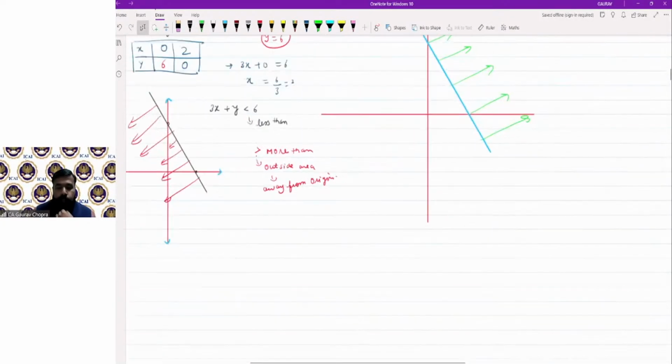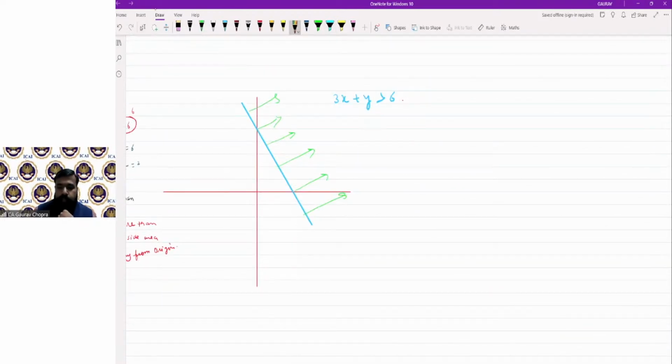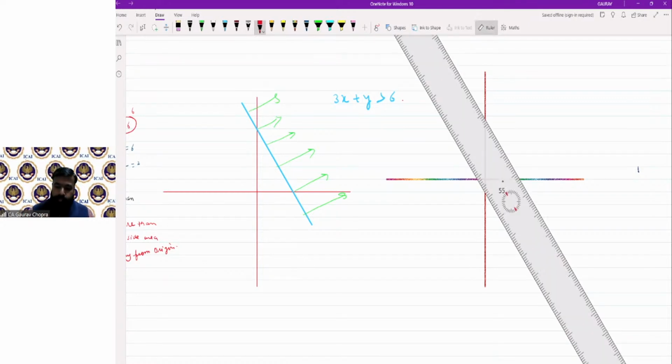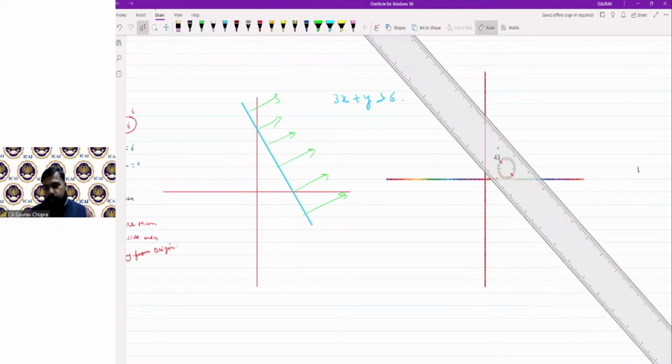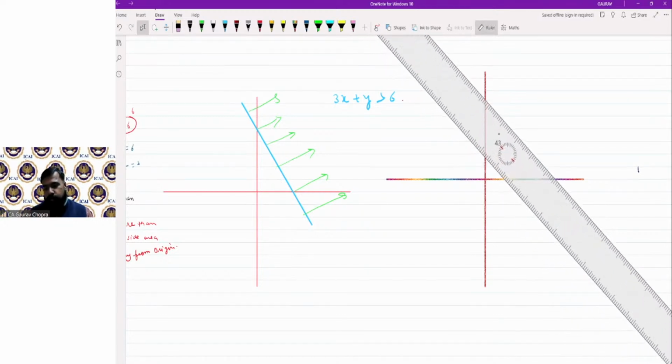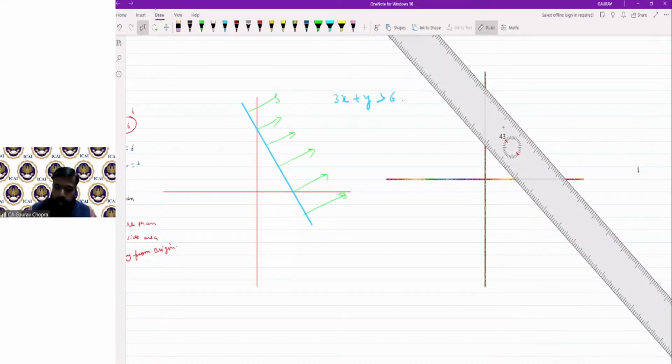Then let's take a few more cases. Now, if the situation is, let's say, there are 2 lines now. This is the first line.